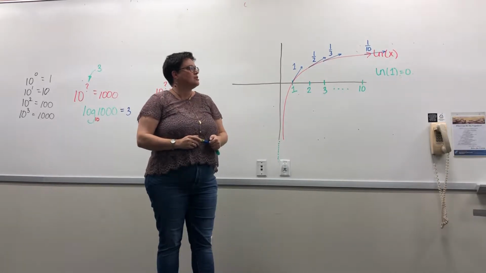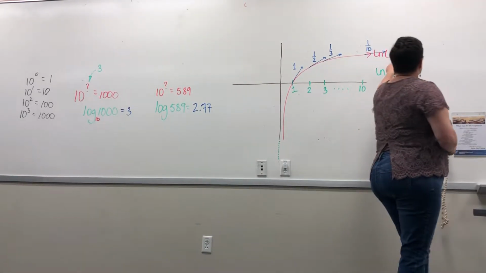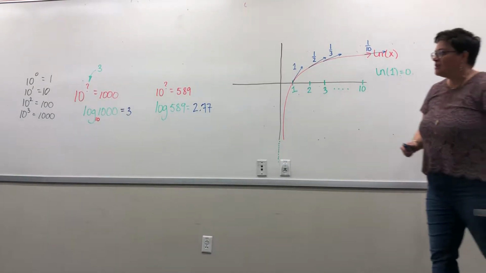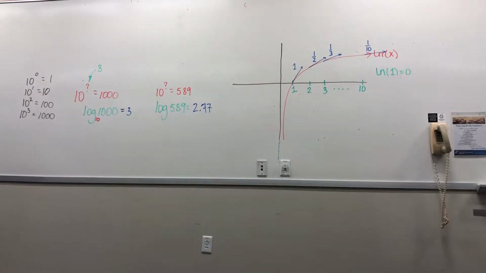So what's the slope at any x? Look at the pattern. It's going to be 1/x. Not quite. It's going to be the derivative of x over x. What's the derivative of x? 1. So the pattern here is it doesn't matter what the subject of the natural log is.